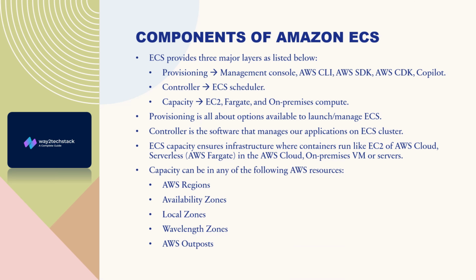Finally, what are the capacity options we have for AWS resources? We can use either AWS Regions. What does it mean? I can spin up my compute across multiple regions so that I can establish a communication between them and I can provide more high availability. Because if one region is collapsed, I can provide my access to my compute to another region as well without any downtime.